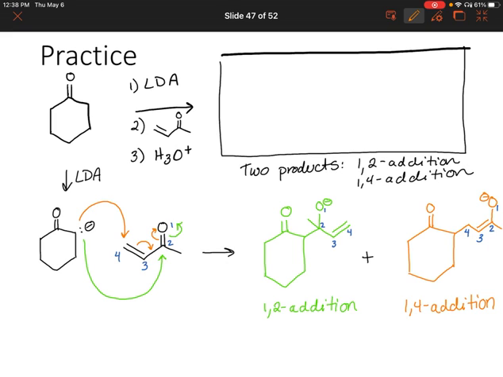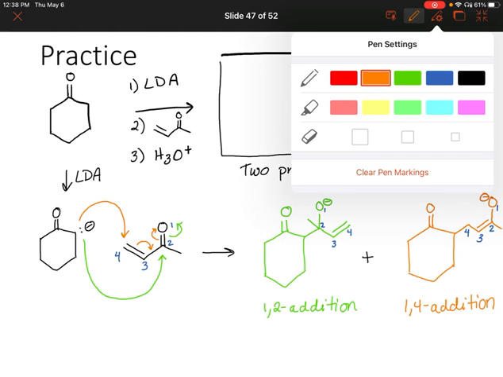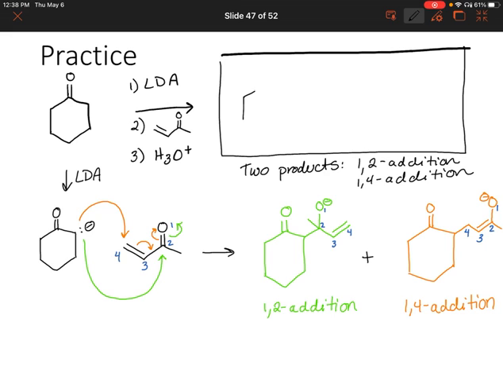Okay, so now we have to add acid as our last step to protonate our oxygen atoms. So if we protonate the green 1,2 addition product, we'll end up forming an alcohol at that position.